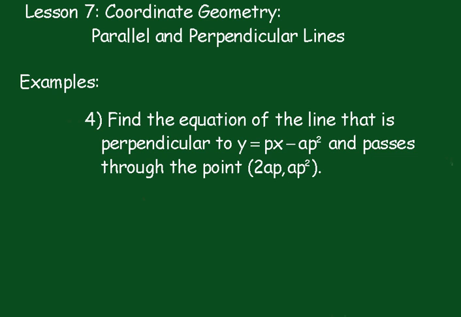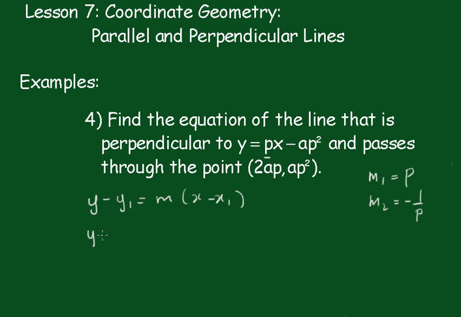Now we know that the gradient of this is p, so m1 equals p, so m2 equals minus 1 on p. So I'm going to write that as y minus y1 equals m outside of x minus x1, that form.